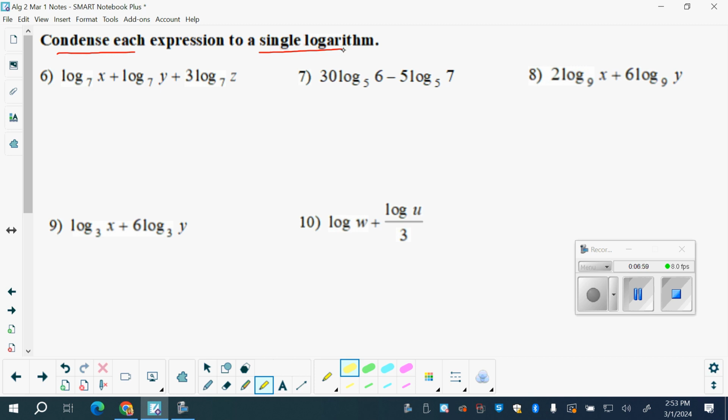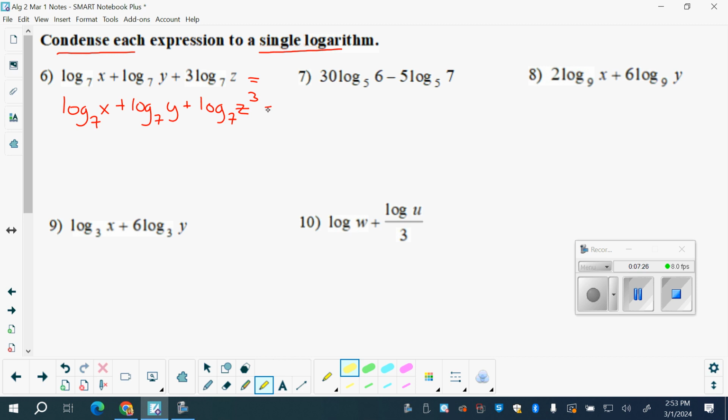So what do we do with this 3? Move it, and we can move it where? Yeah. So it's log base 7 of z to the exponent 3. Does that make sense? And then somebody want to, actually, I'll go ahead and do the next one.